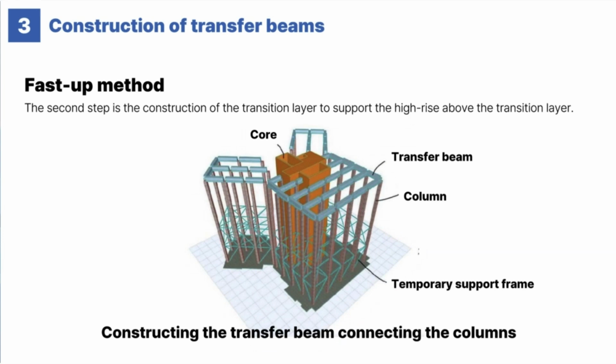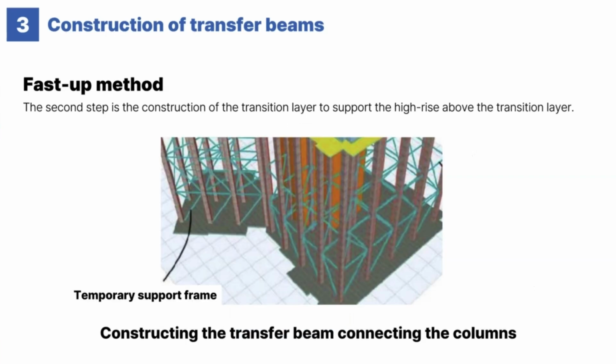The second step is the construction of the transfer layer to support the high-rise above the transfer layer. At this time, since the columns constructed in the first step are not connected to each other and are constructed independently, there is a concern that if the construction load of the transfer layer is applied to the column during the second step, the construction load may not be effectively distributed and supported.